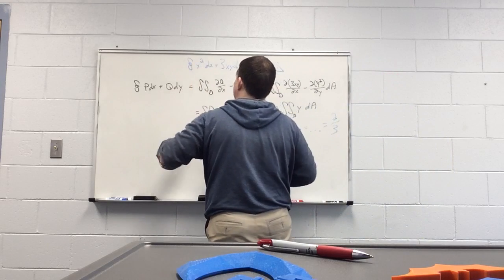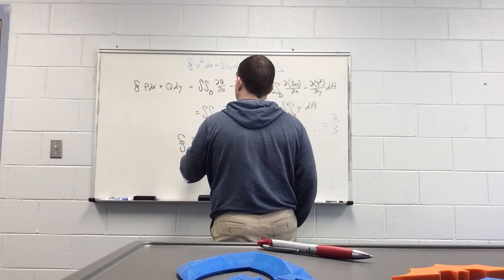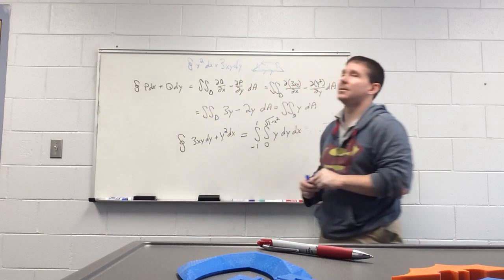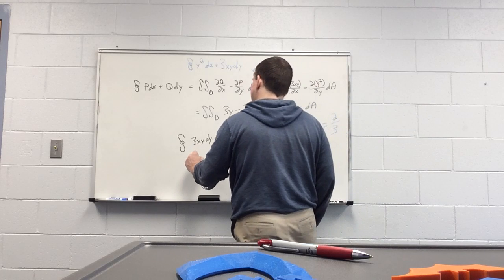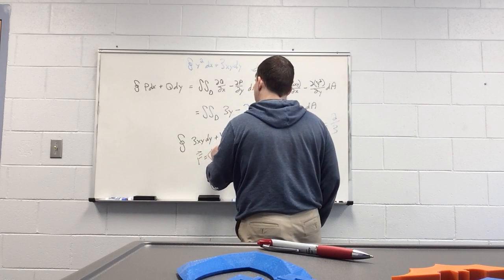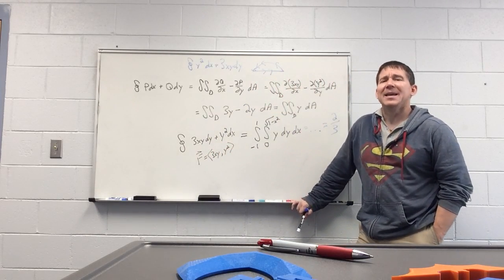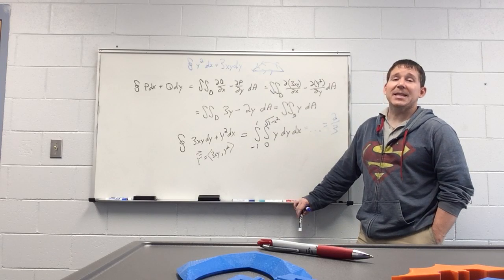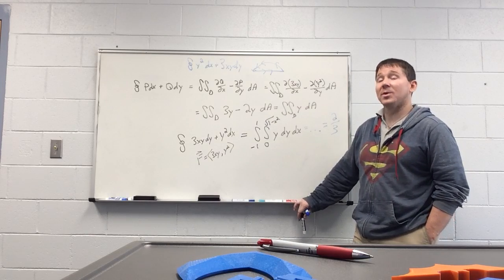How is this any different from the line integral of 3xy dy plus y squared dx? If I looked at this, then my resulting F would be 3xy, y squared. And so again, the point being, there's different ways to write these things. Understand the theorem you're using, equate it however you choose to equate it.